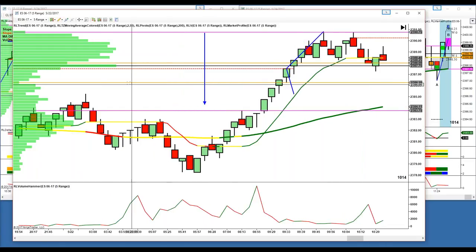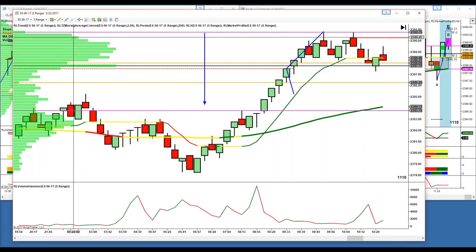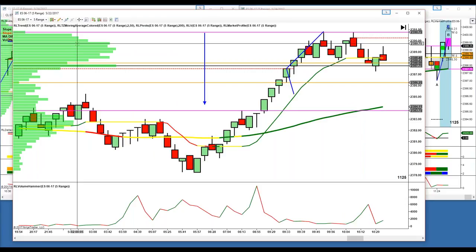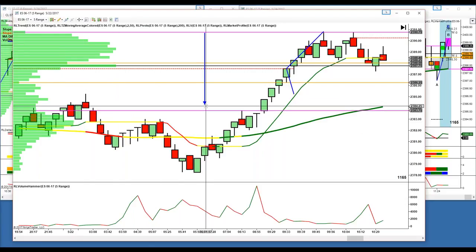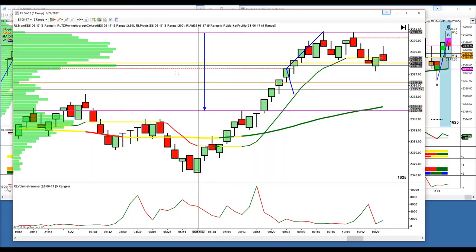So you look at this histogram. This is all the volume at any given price on the E-mini. And 66 2/3%, or 1 standard deviation of price, occurs within the value area high and the value area low.